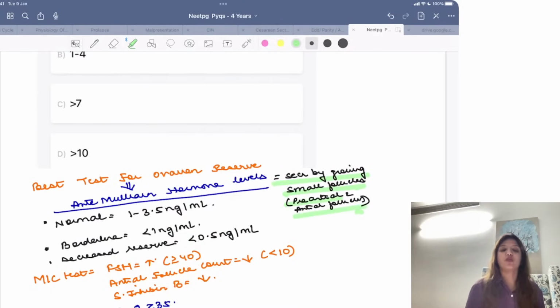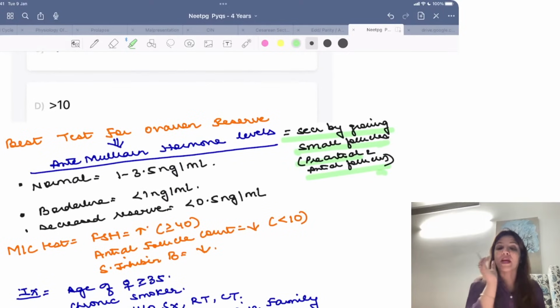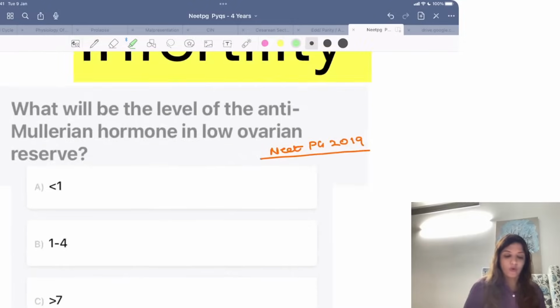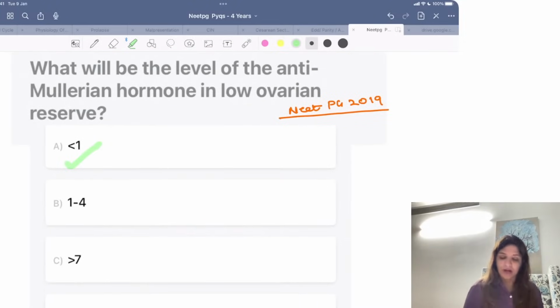Anti-Mullerian hormone is produced by the small growing follicles, the preantral and the antral follicles, right? Normally, the anti-Mullerian hormone levels are 1 to 3.5. If it is less than 1, that's borderline. If it is less than 0.5, that is decreased reserve. So you simply have to remember less than 1 means that the problem is there. So over here, less than 1, right?